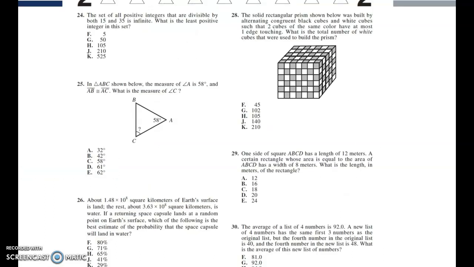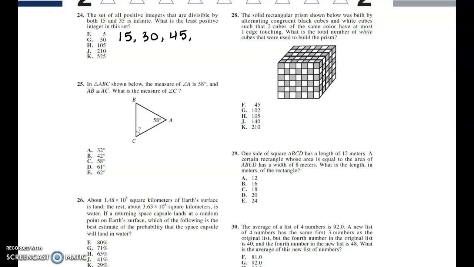Okay, question 24. We're looking for positive integers that are divisible by 15 and by 35. So our 15's possibilities, what is 1 times 15? What is 2 times 15? What is 3 times 15?